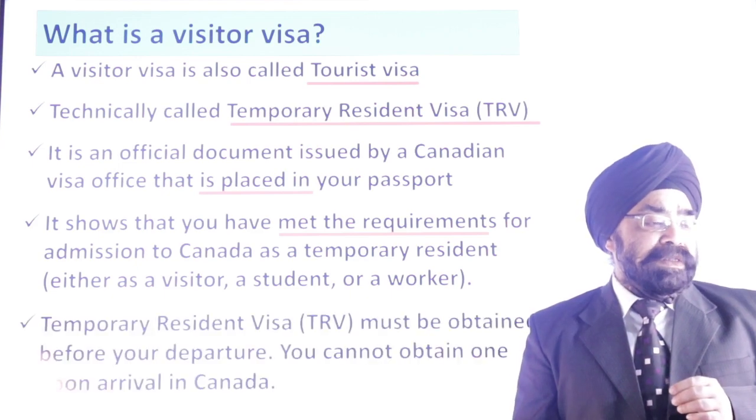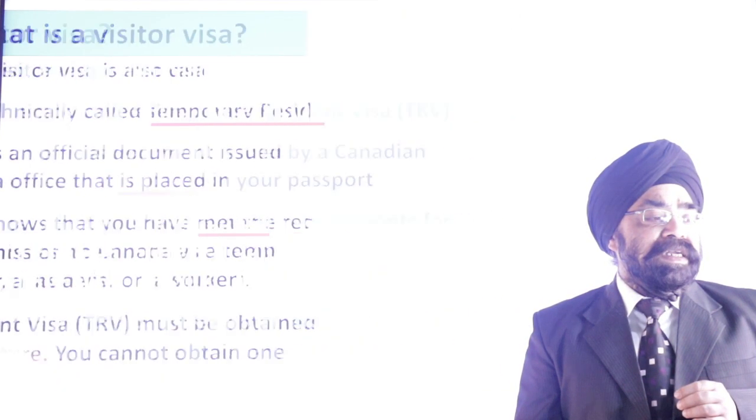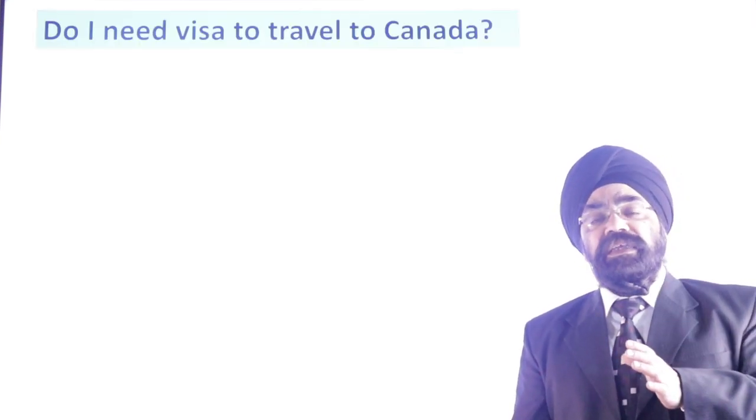So make sure of it. Next, now that you know who is a visitor and what is a visitor visa, you will ask a question: do I really need a visitor visa? In most cases the answer is yes. Most of the people who are coming to Canada as a visitor need either a visitor visa or an ETA.